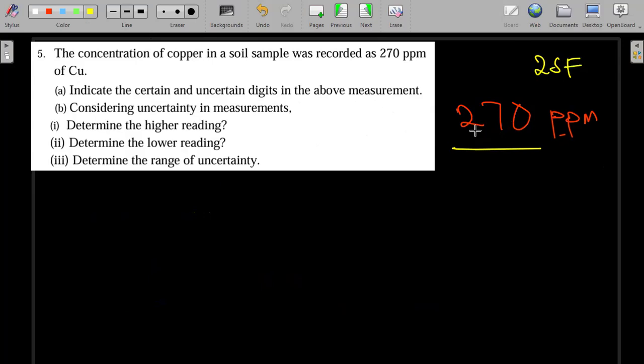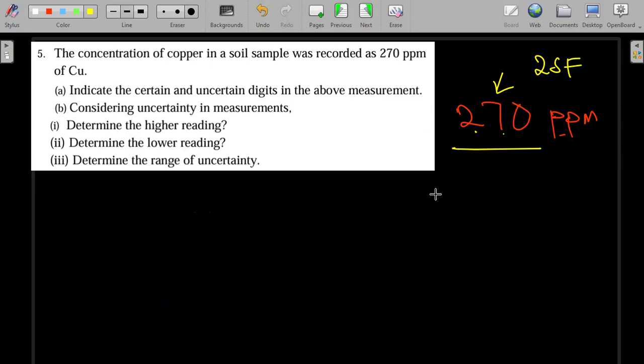Why? It's just this 2 and this 7 here. This 0 is not significant here because it's a trailing 0 and there's no decimal point. So the first significant figure is the 2, the last one is the 7. So the last significant digit is always the uncertain digit.